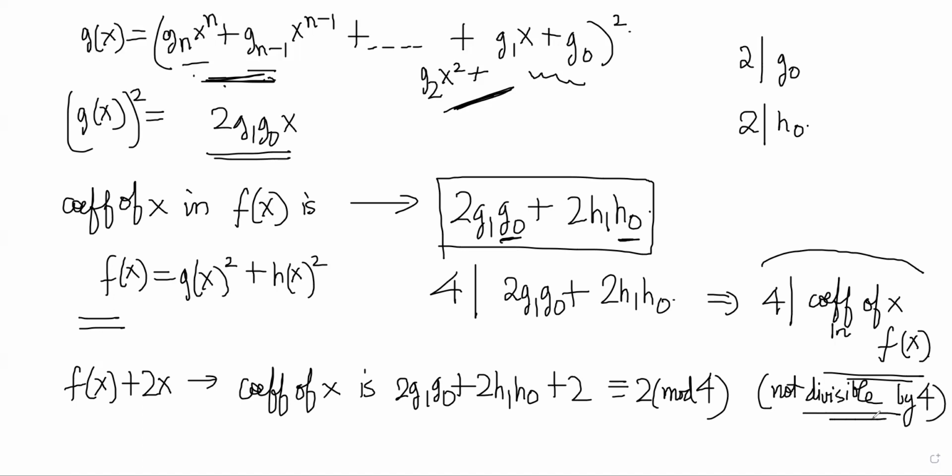And therefore, this new polynomial f of x plus 2x cannot be a Fermat polynomial. For a Fermat polynomial, we have established that 4 will divide the coefficient of x. And now here in this new polynomial, you are getting it as 2 mod 4. So therefore, it's a contradiction, and we have proved that f of x plus 2x cannot be a Fermat polynomial.